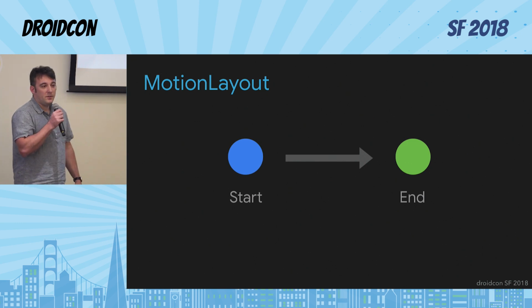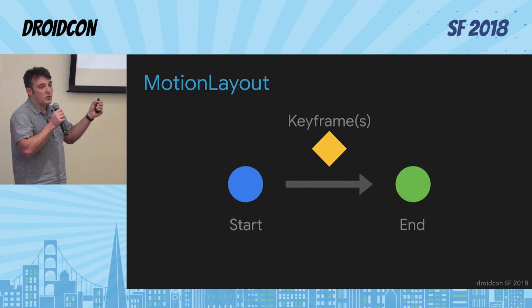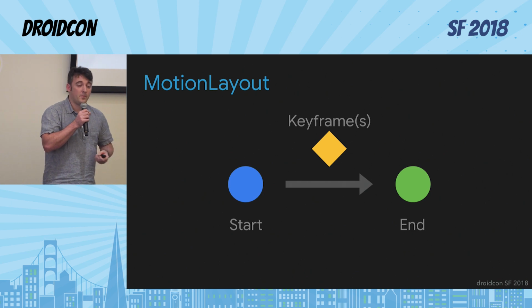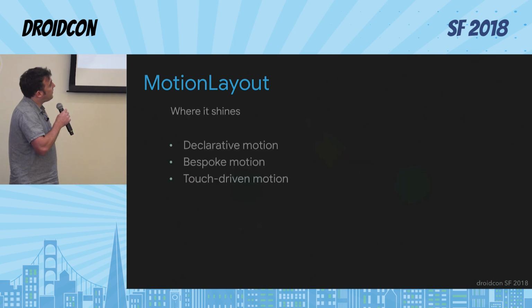Where we do things a little differently is that we added new concepts, or maybe concepts that you know from other animation tools, where we want to transition between those two states, but with a modifier. Those modifiers are called keyframes, and you can put them at any point in time during the animation, and they control, as you will see, a lot of things.